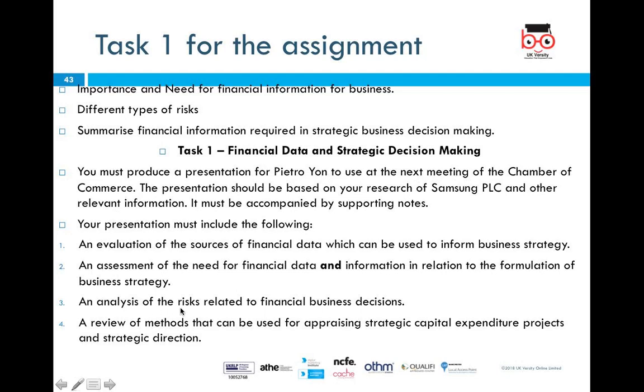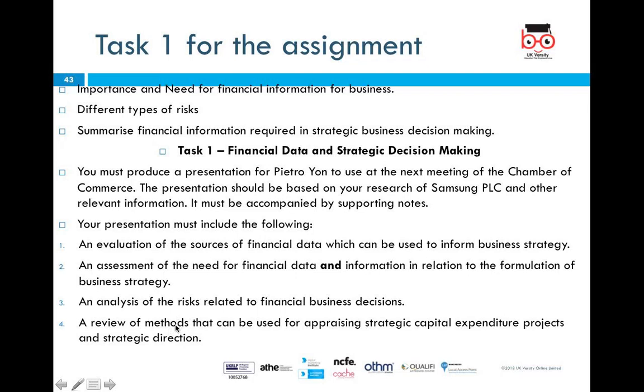And then you have to say something about the risk analysis, what kind of information is risky, and how you can judge any financial business decision. And for your projected capital expenditure projects and strategic direction, you need to say something about what kind of methods, that means what kind of financial data and information.